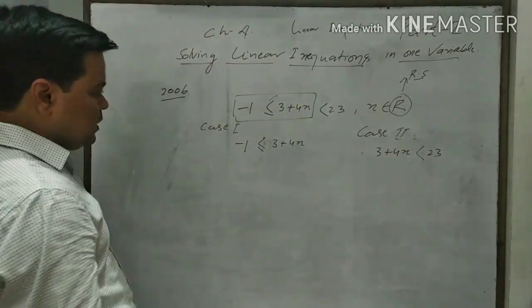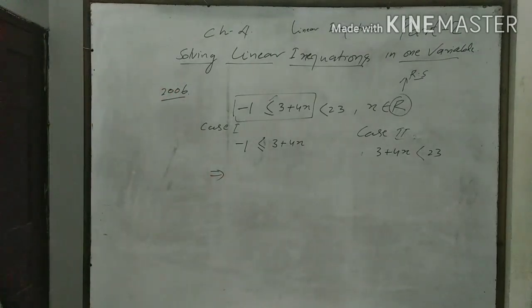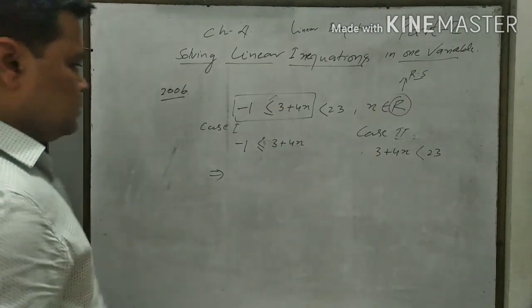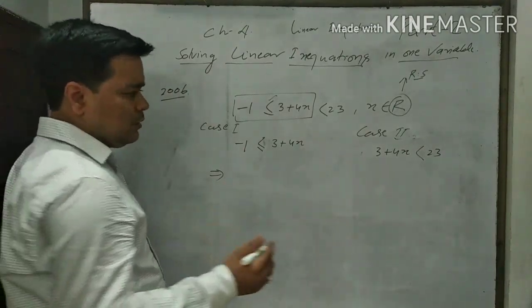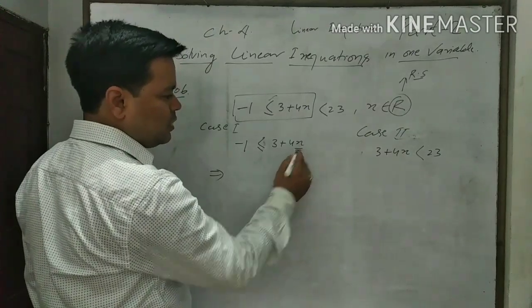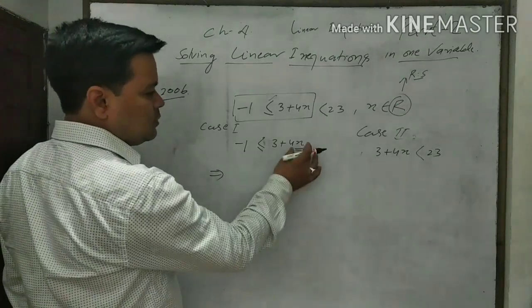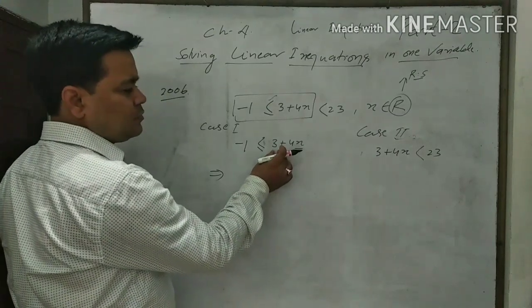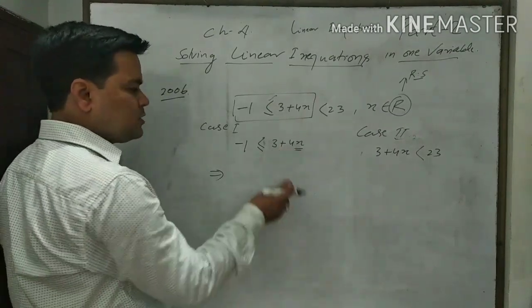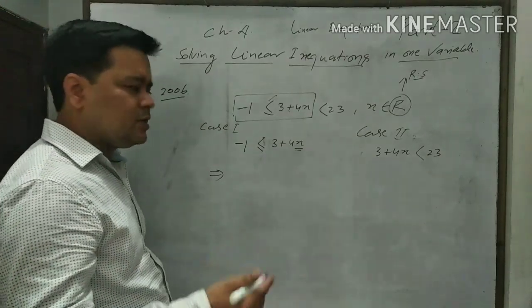So how do we solve this? What was the first condition? Make x positive and the coefficient should be 1. To do that, first of all we remove 3 from this side. How is it possible? We subtract 3 from both sides, that is, we add -3 on both sides.